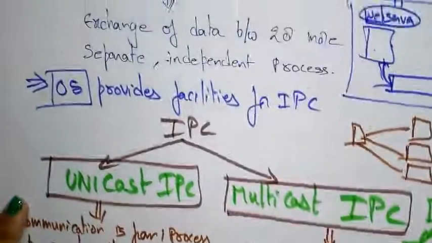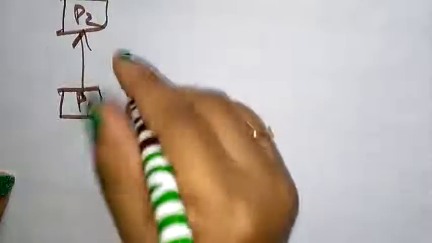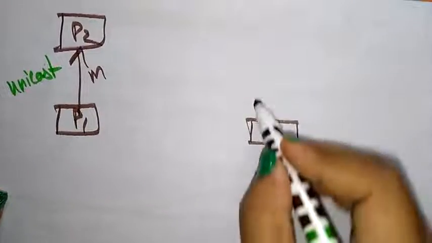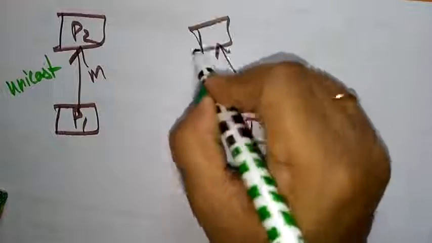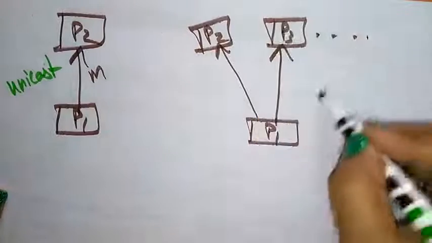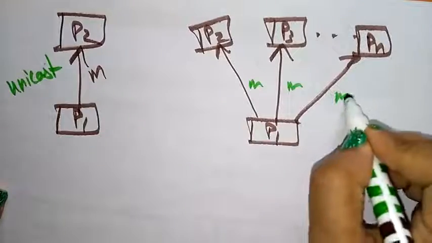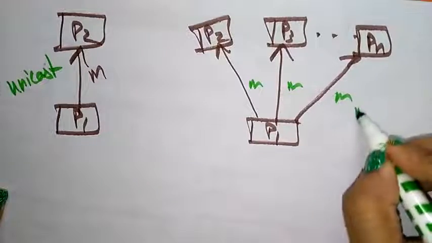Just to recap: suppose there are processes P1 and P2. If the communication is established between these two processes, then you call it unicast. Suppose you take one process P1 and this process is going to communicate with two or more processes, then this type of inter-process communication you call multicast.